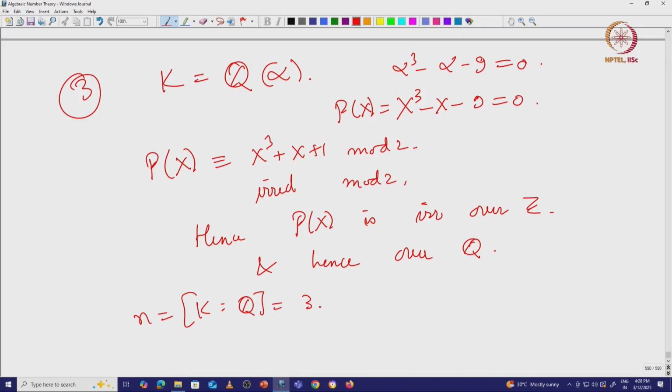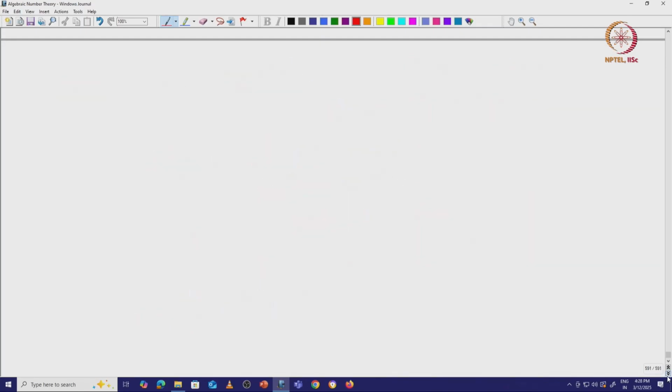So, what you do is, okay, alpha cubed minus alpha minus 9 is less than 0 if alpha is less than 0, for example, and alpha cubed minus alpha minus 9 is bigger than 0 if alpha is bigger than 3.